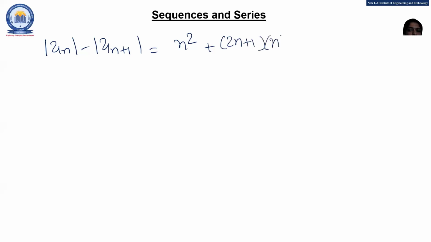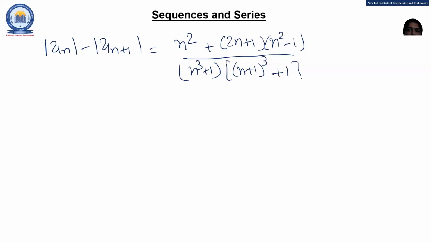After simplification, if I take the LCM, this term will arise: n square plus 2n plus 1, n square minus 1 upon n cube plus 1 and (n plus 1) whole cube plus 1. I have directly written the simplification.